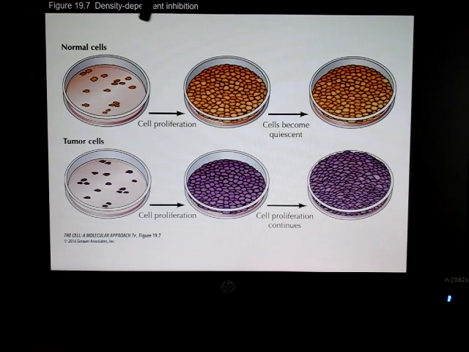So if you follow in an experiment, and sadly we couldn't work on any of this in the lab, normal cells will look like this. They start to grow, and then eventually when they reach a certain density, they become quiescent, so they're not dividing anymore.